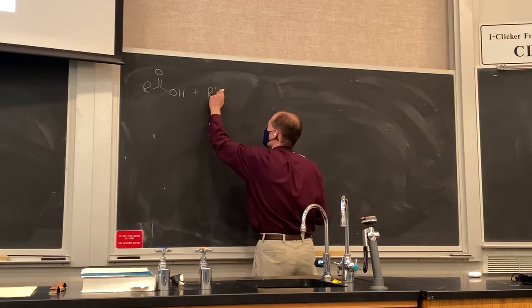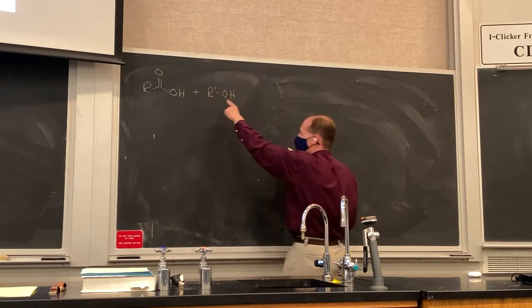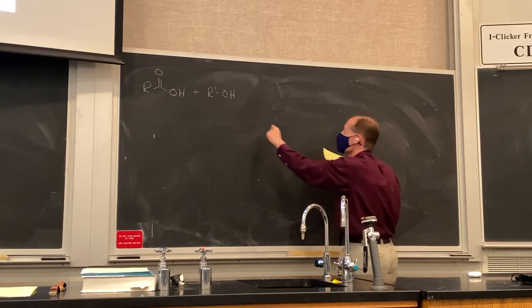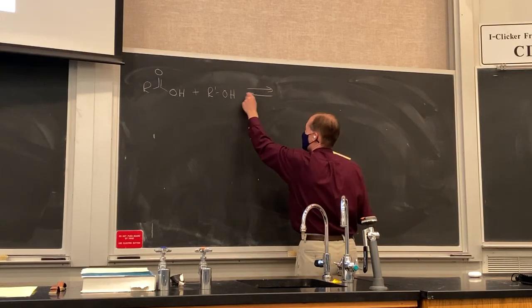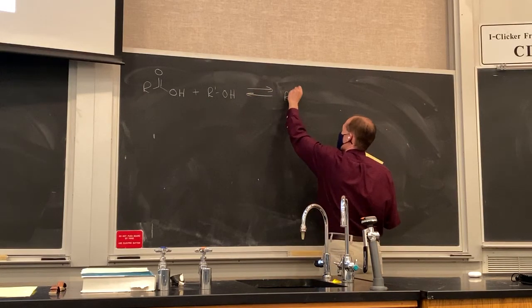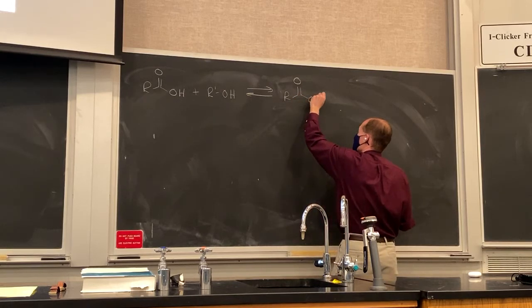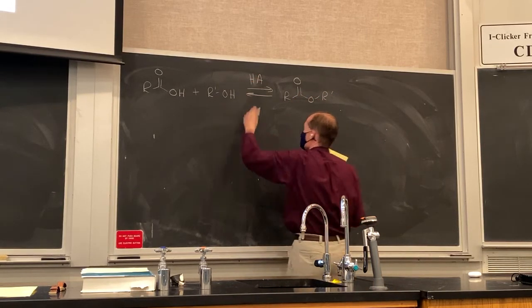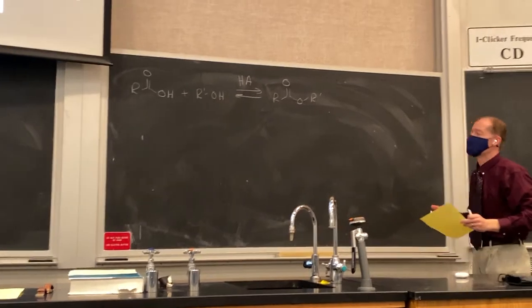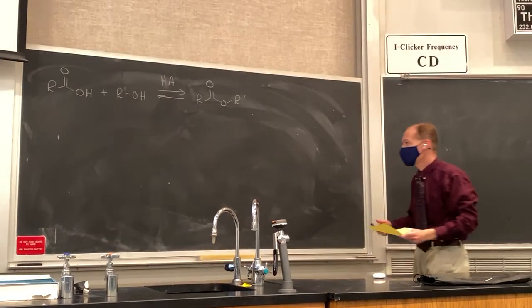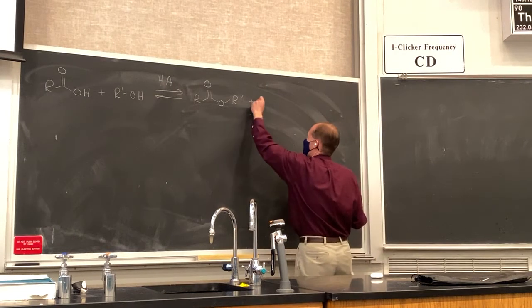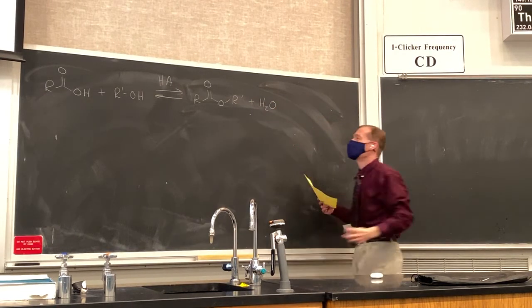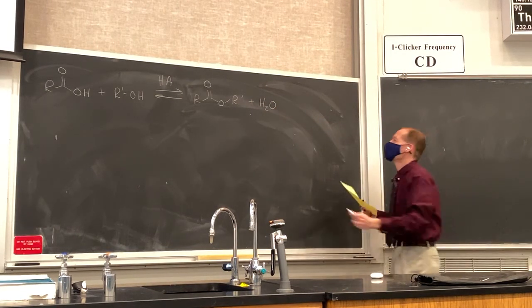So we're able to mix alcohols and carboxylic acids and make esters, but we do need a catalyst. Okay? We need an acid catalyst in order for this reaction to occur. Okay? And then water is produced as a result of this reaction.